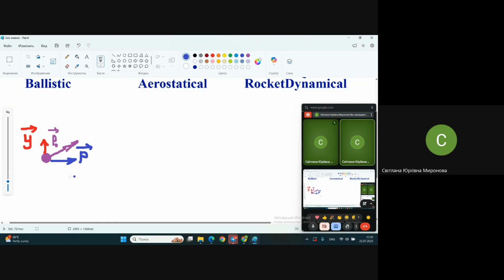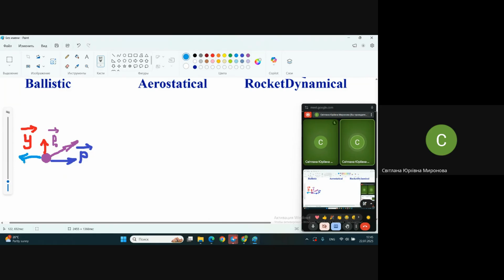Why? As soon as you throw this object through the air, as soon as it starts moving through the air, as the air has inner friction with this object, it is subjected to one more force. This one more force acts in the back direction.